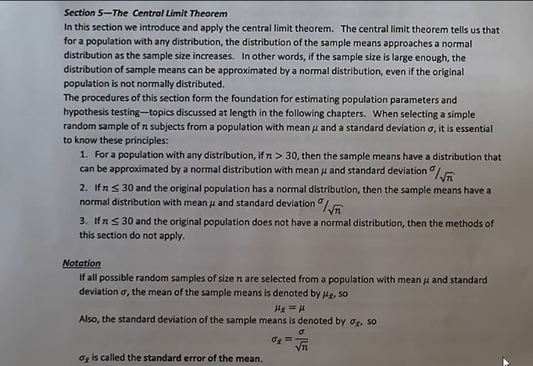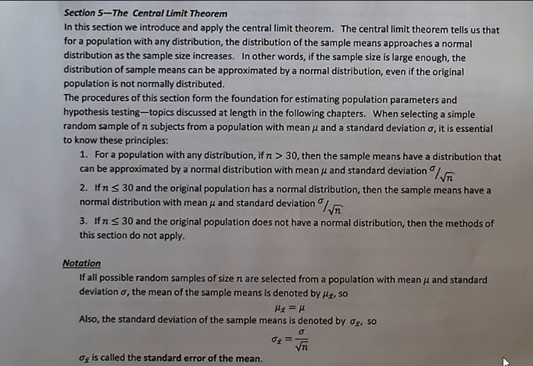Okay, if it's less than or equal to 30, and the original population is still normal, then the sample means have a normal distribution, and again, we use that same sigma over the square root of n. So greater than 30, less than or equal to 30, we're going to make that modification. Now, here's where we have to be careful.